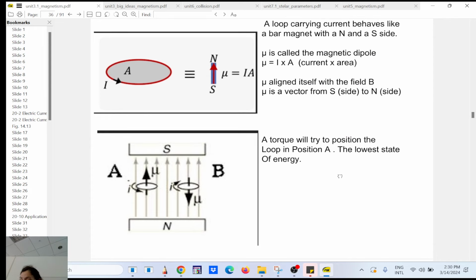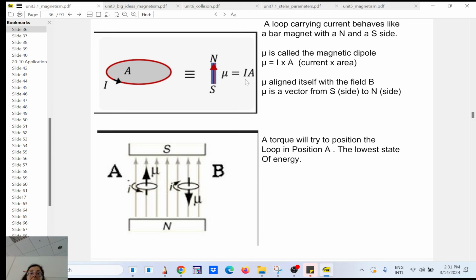Okay, and then again, if you have a loop of current, you use your right hand here, and it will behave like a bar magnet. Do you agree?